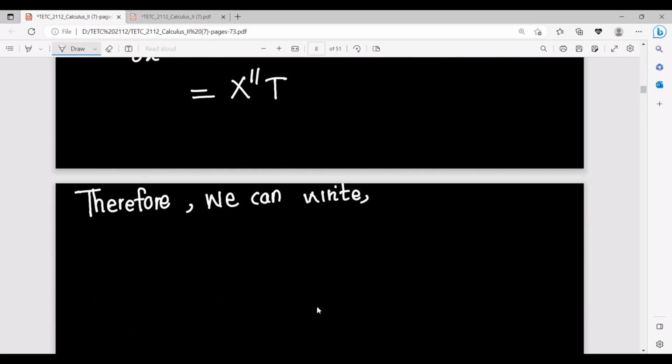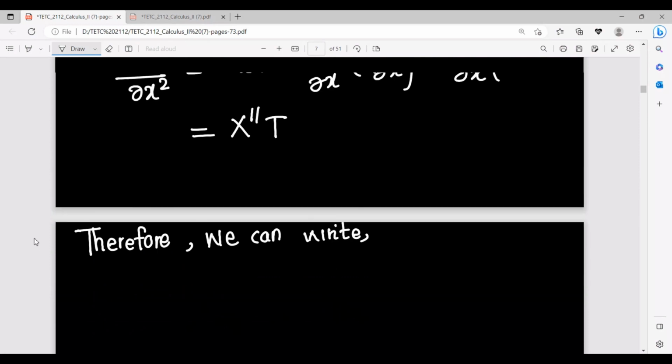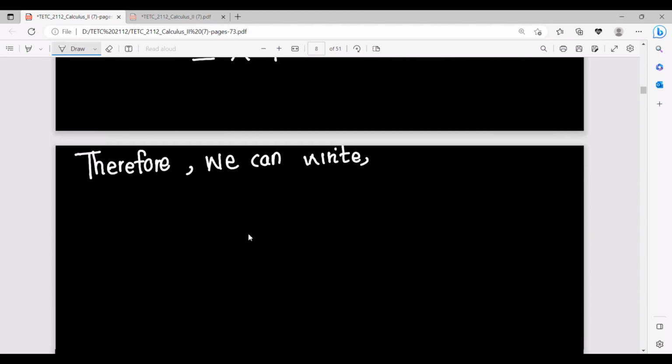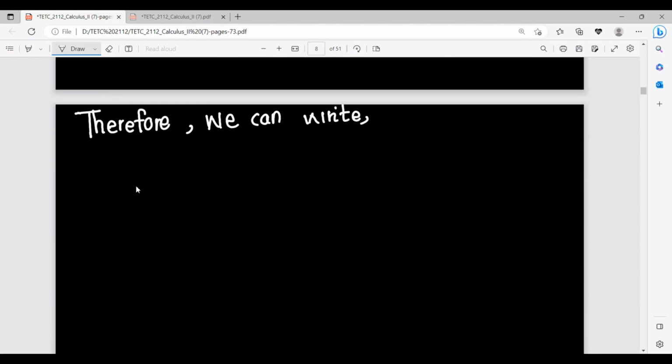Okay, so we have to substitute these two expressions that we obtained for the two derivatives into our original problem. What is the result? Our original problem has the partial derivative of u with respect to t. What is the expression we obtained for that? Capital X, capital T dash.